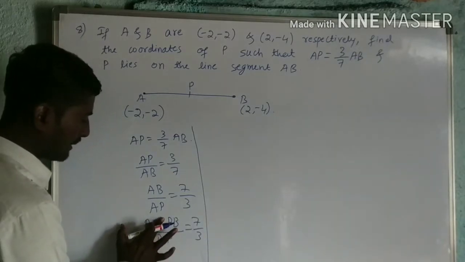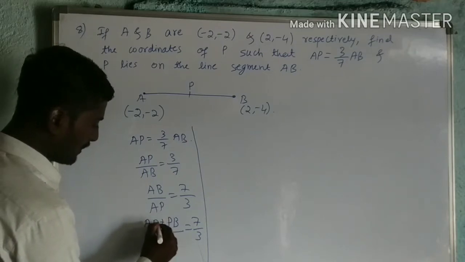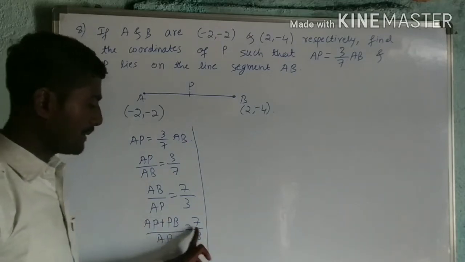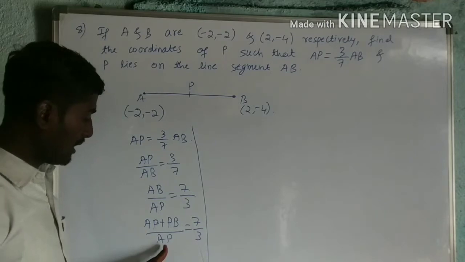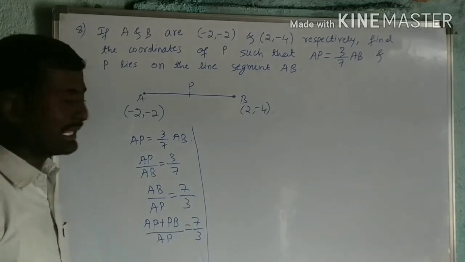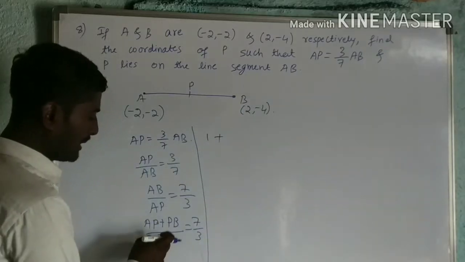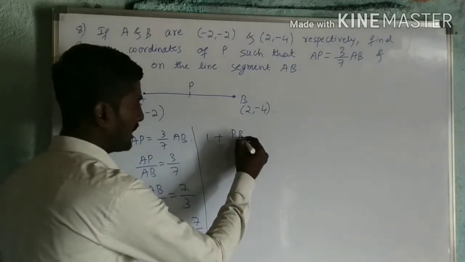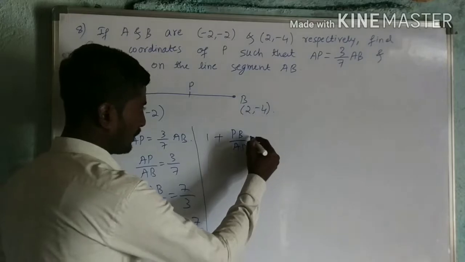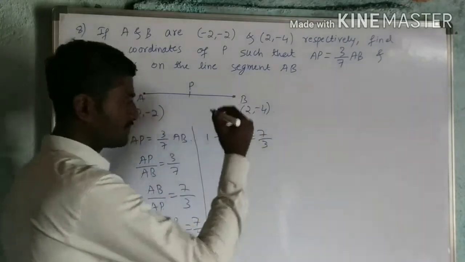Now I will divide AP separately. So AP divided by AP is 1, plus PB divided by AP is equal to 7 divided by 3.